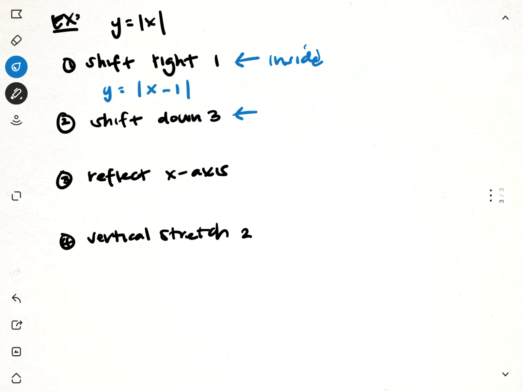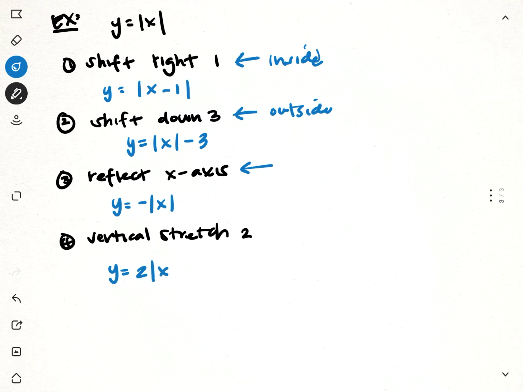Okay, that's pretty easy. Down 3 is outside, -3. Reflect x-axis, that's just going to be negative. So y equals negative outside, absolute value of x. And then vertical stretch 2, just like we did last time, is our a.